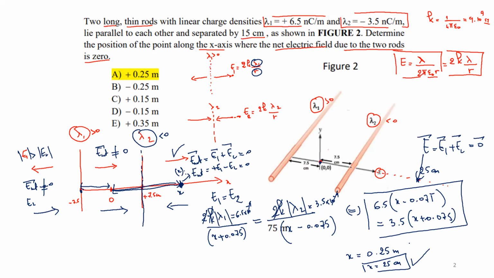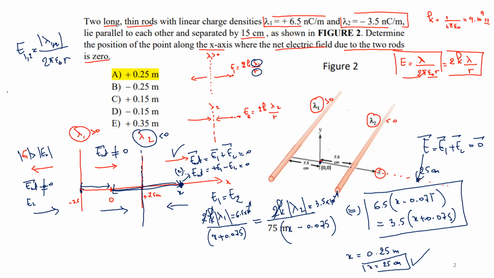Now, what do I want you to remember? I want you to remember that the electric field created by a rod which is infinitely long and which has a linear charge density, the electric field E1, 2, is just lambda 1, 2, of course in absolute value, divided by 2 pi epsilon naught r, r being the distance between the point I'm looking at and the rod.